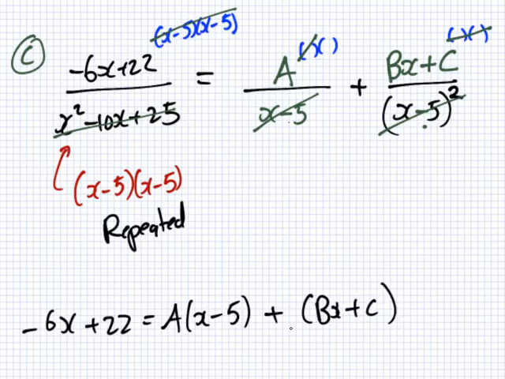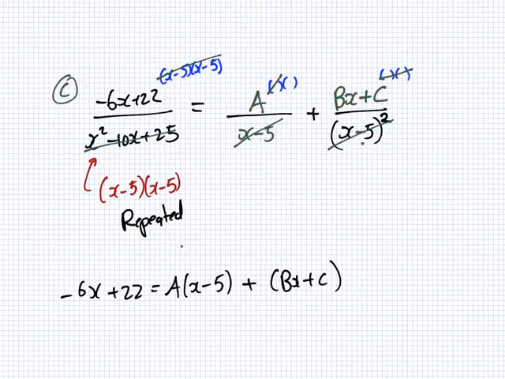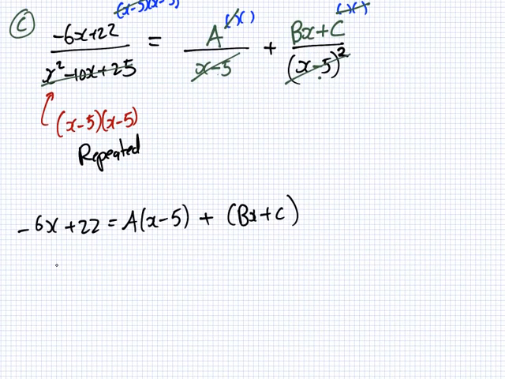Okay, what value should we choose for x first? 5, yeah. If I choose x equals 5, this one would be minus 30 plus 22, that's minus 8, isn't it? Thank you. And this is gone. And this is 5b plus c.